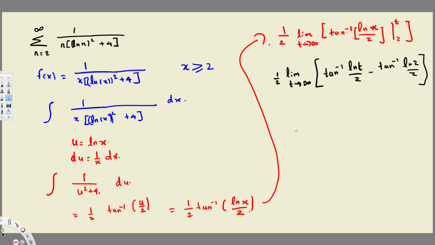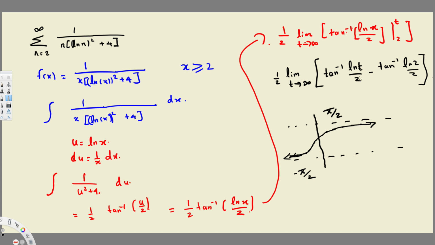So let's look at the graph. If we draw the graph for tan inverse, it's going to look like this. As x goes to infinity, tan inverse reaches pi by 2, and as x reaches negative infinity, it reaches negative pi by 2.